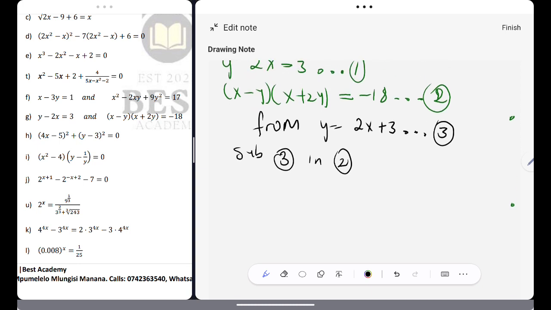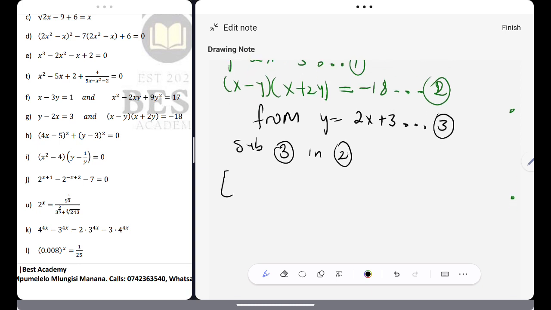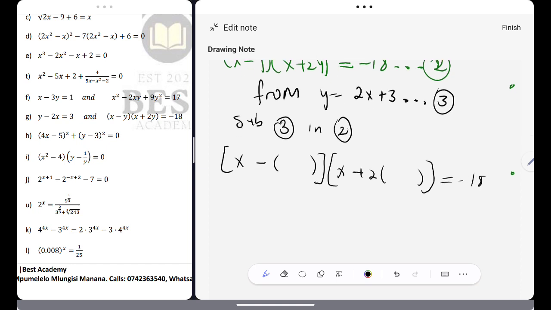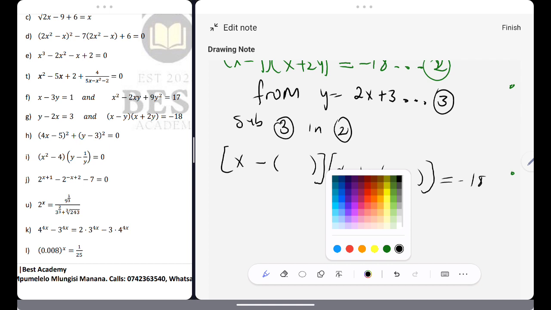What I will do is to open two brackets, x, and then I'll put my y value there, and then x again, I'll put my y value there. The square brackets, guys, they don't mean much in maths than they do in chemistry.